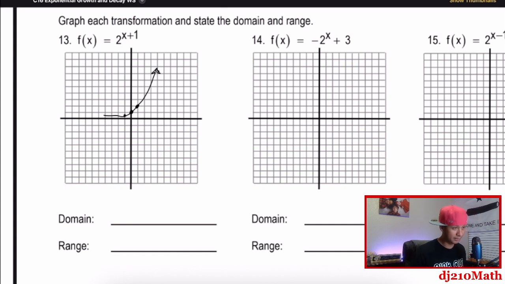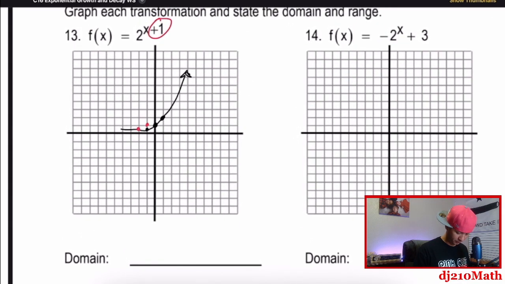More or less it's going to look like this. All right, so if it's going to +1, this is going to shift it left. Left. So we got the same function, just shifted left.